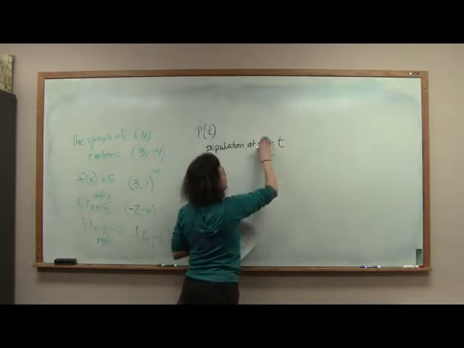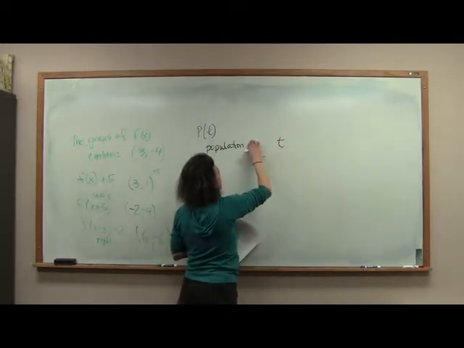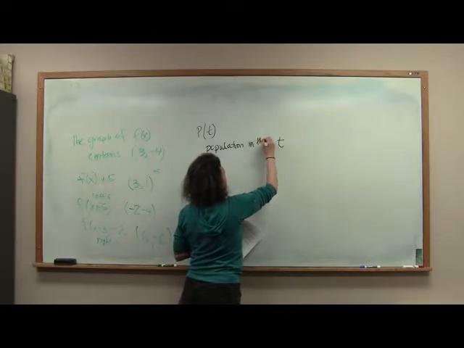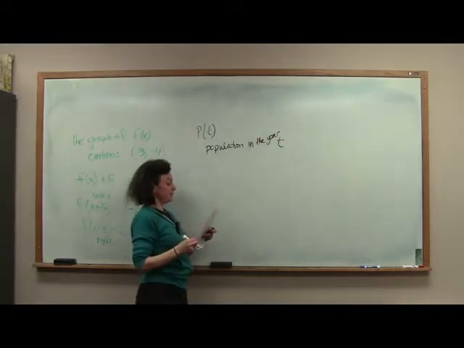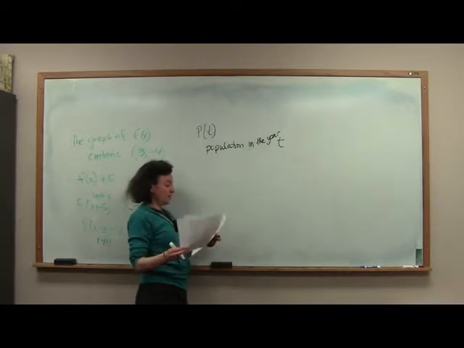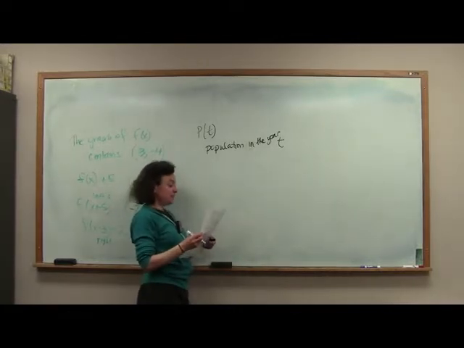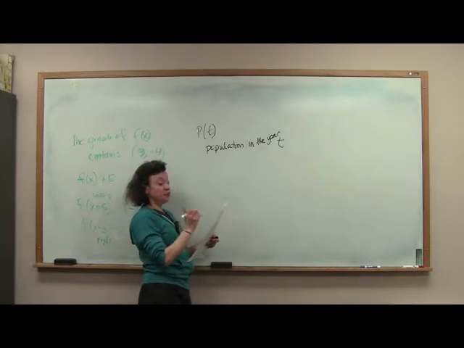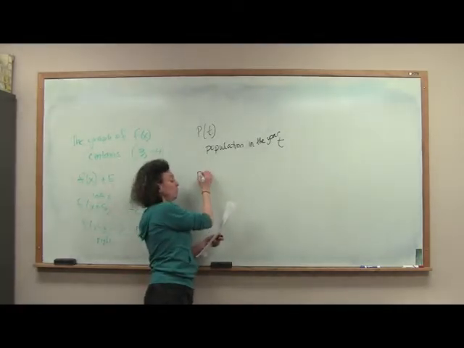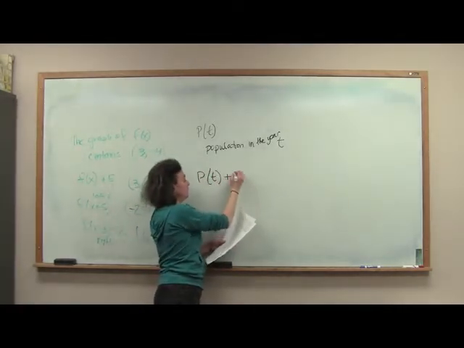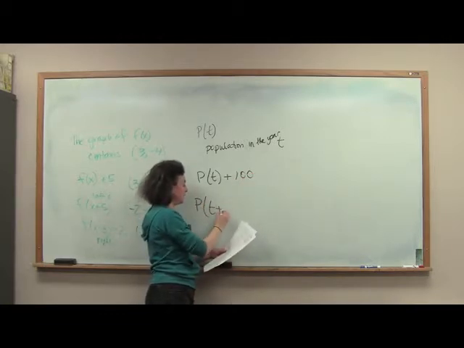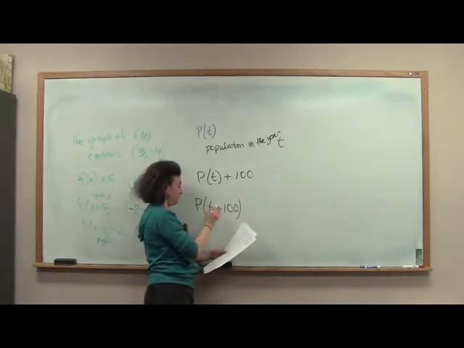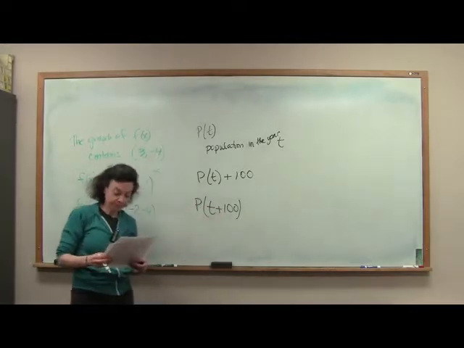Okay, and let's just say in the year t. So all I want us to do right now is just interpret, in terms of the population, what does P of t plus 100 mean versus P of t plus 100. Okay?